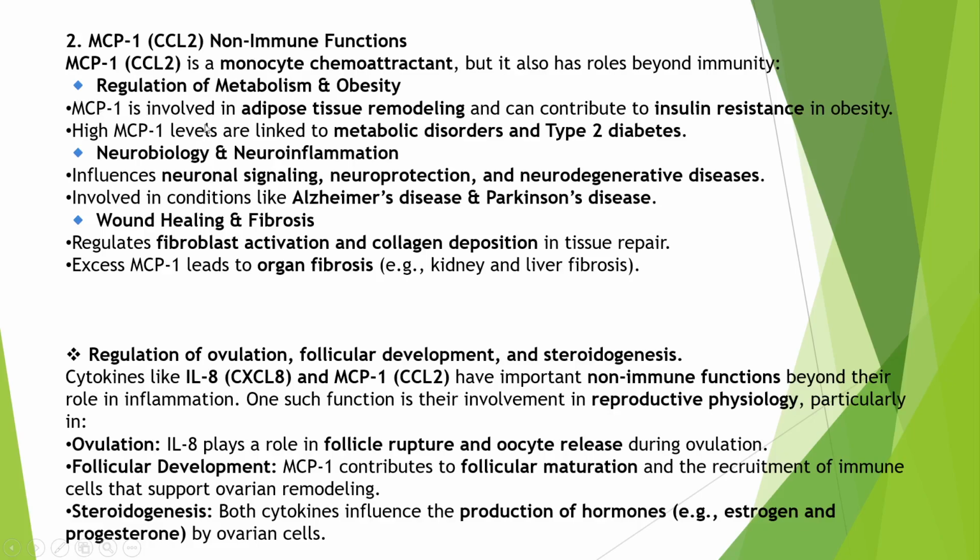MCP1 is involved in adipose tissue remodeling, that is fat tissue remodeling, and can contribute to insulin resistance in obesity. Obesity is one of the major causes of insulin resistance, so your MCP1 also has a role in this obesity-related insulin resistance.